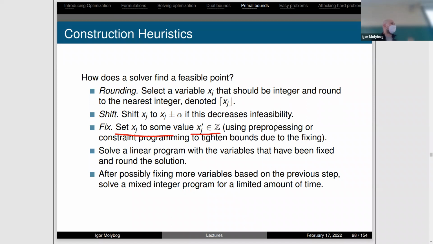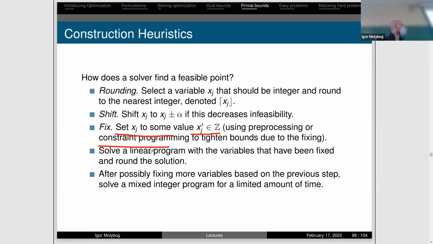So before you have started solving the IP problem, you can say that I know that I want xj to be equal to a particular number, for example 1, and you can incorporate that into your program either by just substituting it directly into the formulation itself, or by adding constraints into the programming problem that you have created.